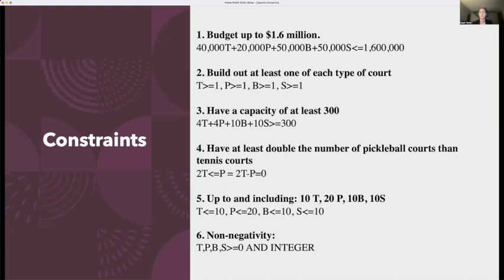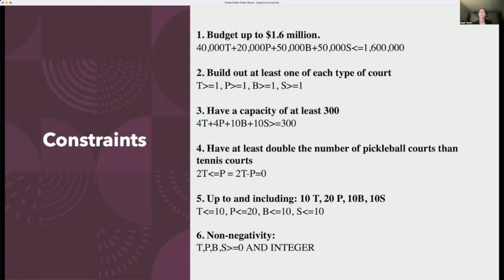The second constraint is to build out at least one of each type of court. The investors, like I mentioned before, really wanted to allow different athletes and different sports lovers to come to the facility and enjoy it. So one of those constraints is that to enable everyone to have at least one type of court, even if the model doesn't think one court is optimal, we build at least one of those.